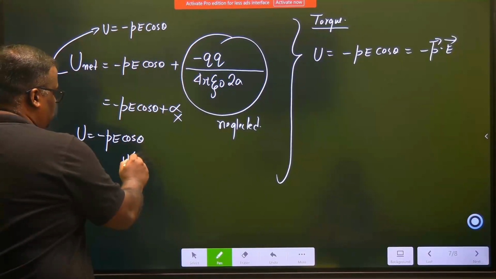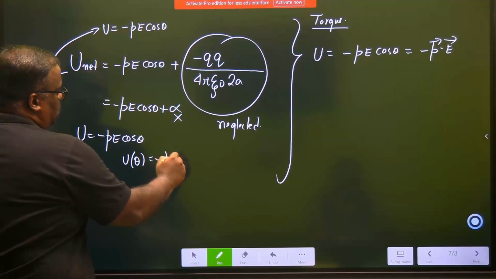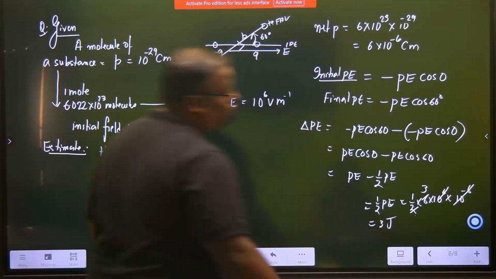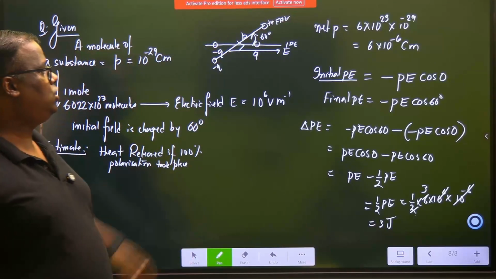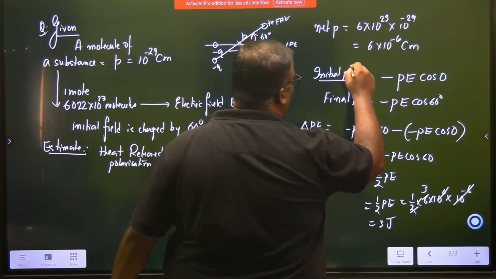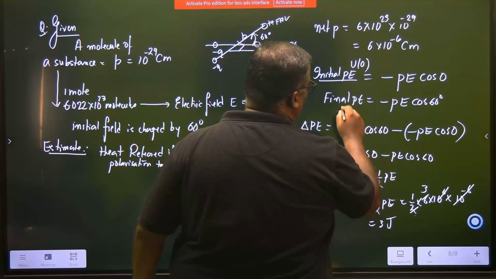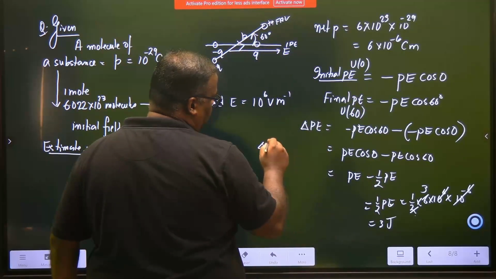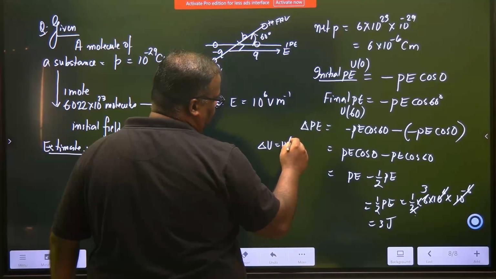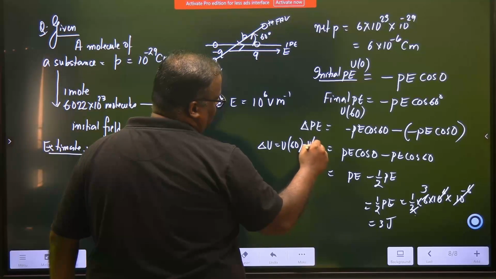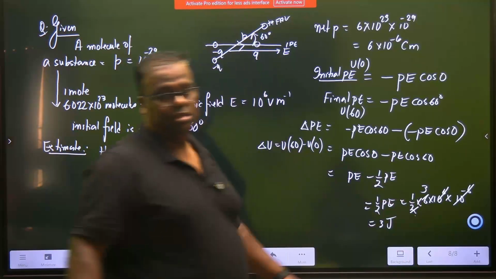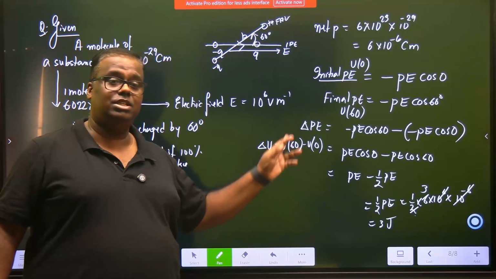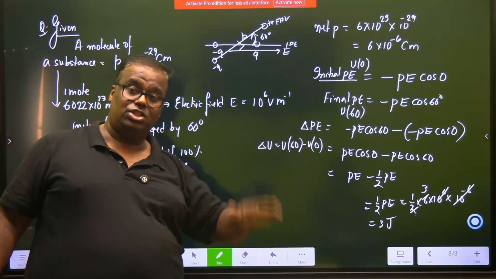Always write it as U at theta is minus PE cos theta. Therefore, in this problem, what did you do? You first calculated the initial potential energy, U at 0. Final potential energy, U at 60. And then you calculated delta U, which is U final, that is U at 60, minus U at 0. This is what you did. Don't just calculate this. This is potential energy at that point. This is change, always change.